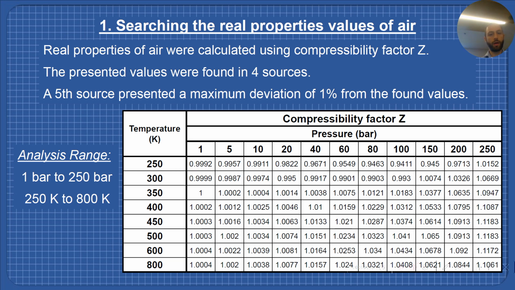So, we found these values for the real properties of air in 4 sources. And also we found a 5th source that had a 1% deviation from these values. The range in which we will perform the analysis is 1 bar to 250 bar pressure and 250 Kelvin to 800 Kelvin temperature.